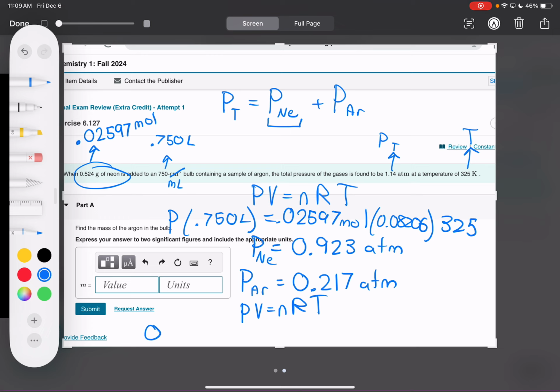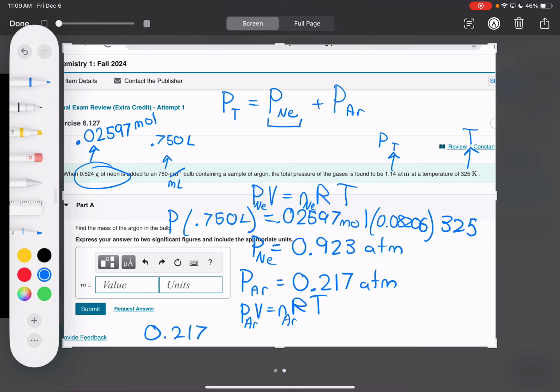If it helps you, write pressure of neon, moles of neon. Pressure of argon, moles of argon. Because those are the things that change. The volume and temperature have to be the same if they're in the same container.